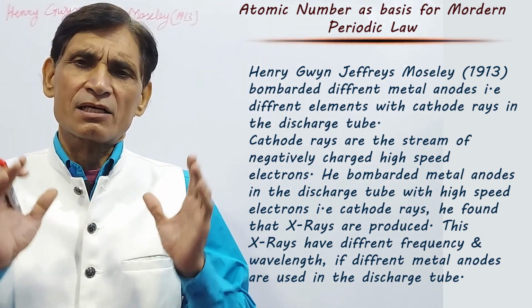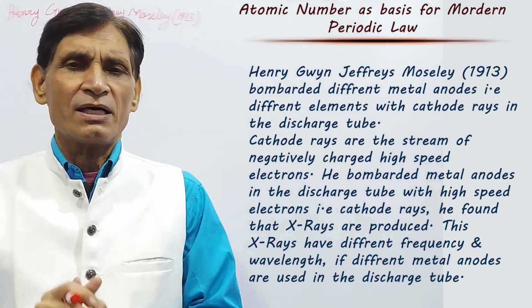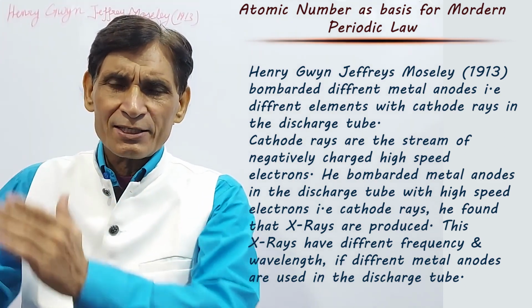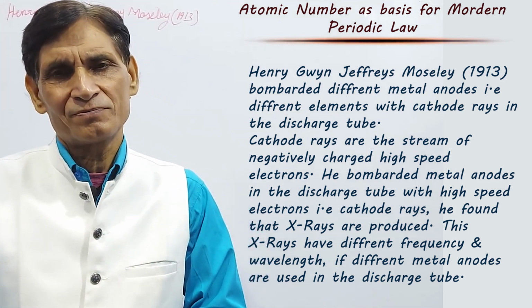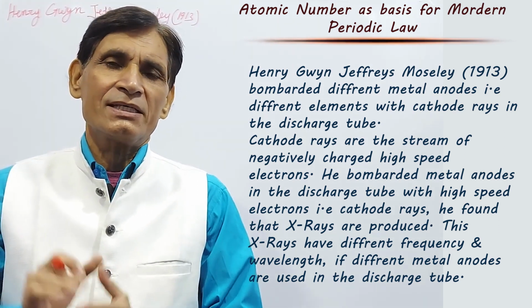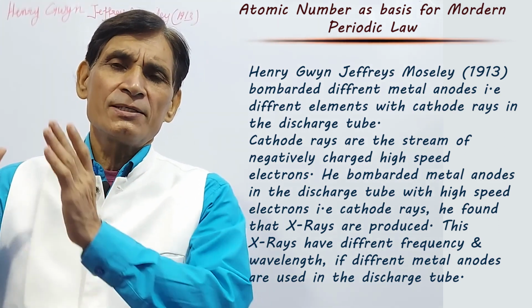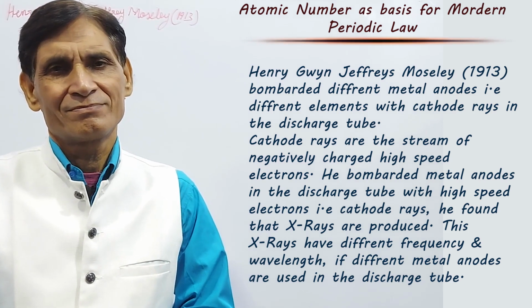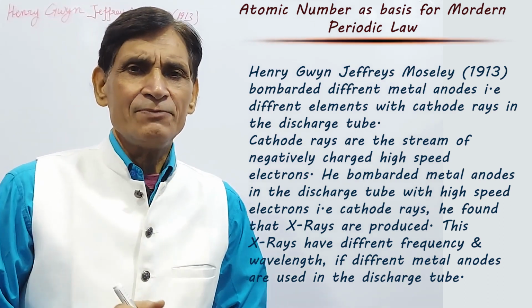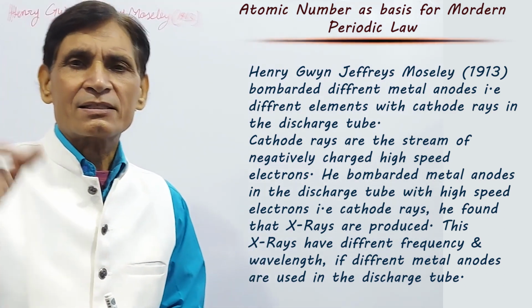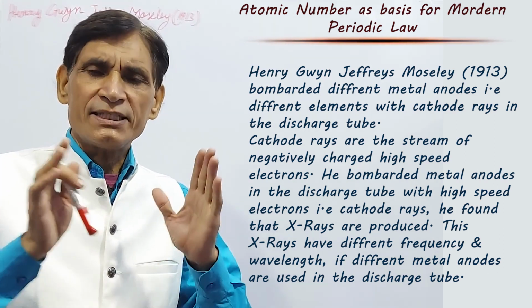He plotted a graph between atomic number of these metal anodes used in the discharge tube against the square root of the frequency. Then he found that the curve obtained was a straight line.